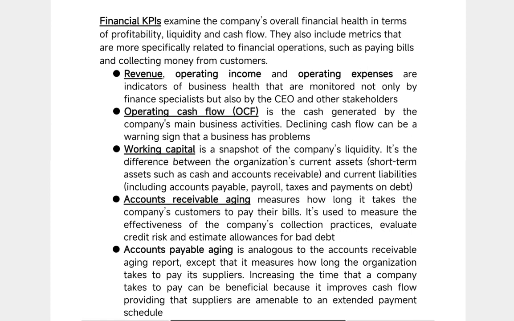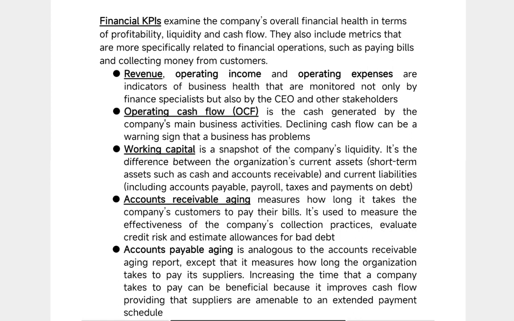But if a customer takes time to pay their debt, that period of time is called accounts receivable aging. From the word age, a period of time a company's customers take to pay their accounts payable.